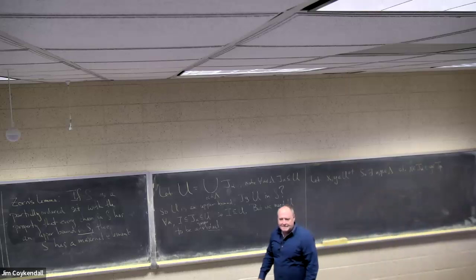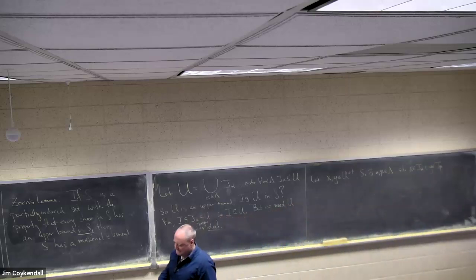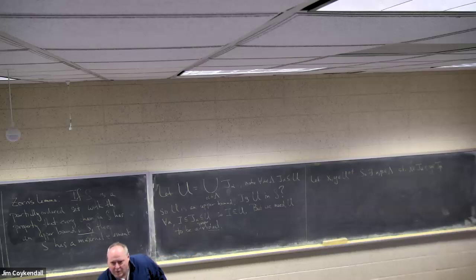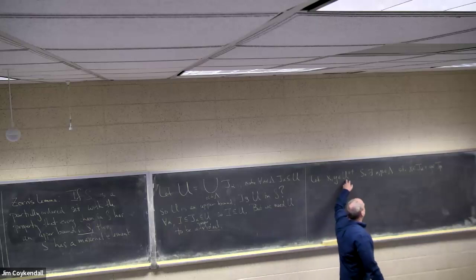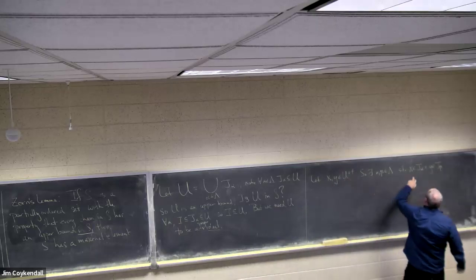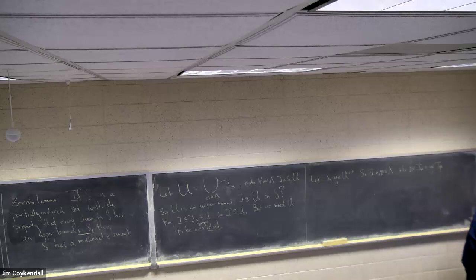Everybody okay with that? Because U is the union of all these, if X is in this union, it's got to be in one of the J alphas. Y is in the union, so it's going to be in one of the J betas. And what do we know about J alpha and J beta? This is crucial.